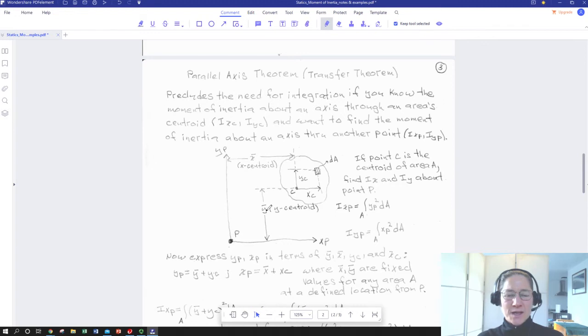One is going to be a y bar, which is the y centroid of this body with respect to P. So remember, the over bar is the location of the centroid of a body from a given coordinate axis. So x bar and y bar says, how far is the centroid of this body from my coordinate system P?